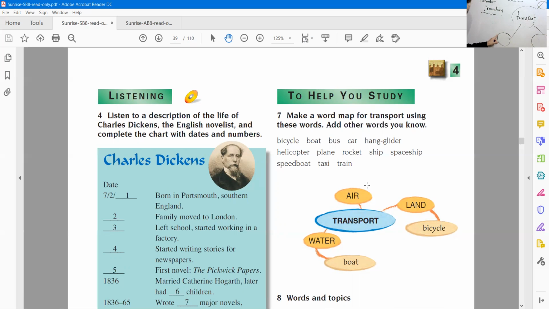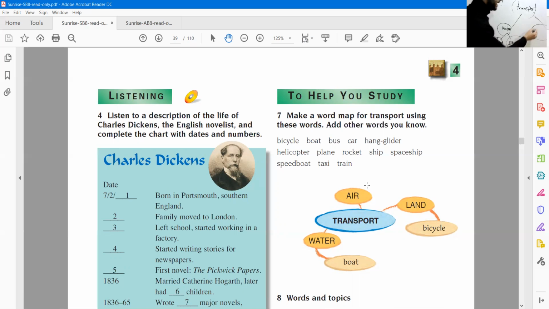So for example, we have water here. Okay, what do we have for water? So we've got boat, and also we've got speedboat. Speedboat.